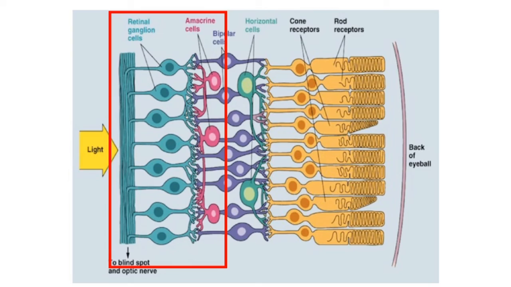So the amacrine cell's job here is to do the same thing that the horizontal cell did to the bipolar cells. So when they get activated, which can or cannot mean multiple things, hyperpolarization or depolarization, they will reduce the activity of the patch of cells that they are working on.